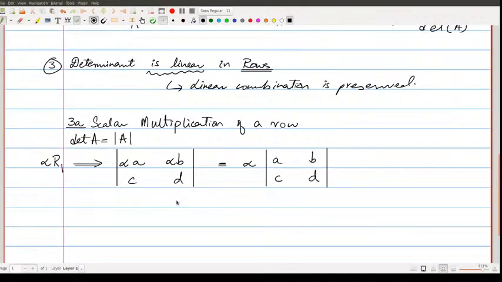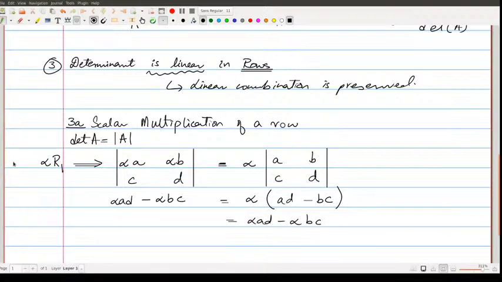We can just verify this for a 2 by 2 matrix. On the left hand side, the determinant will be alpha A times D minus alpha B times C, that is alpha AD minus alpha BC. And on the right hand side, alpha is being multiplied by the determinant of this matrix, which is just AD minus BC, so that's alpha AD minus alpha BC.